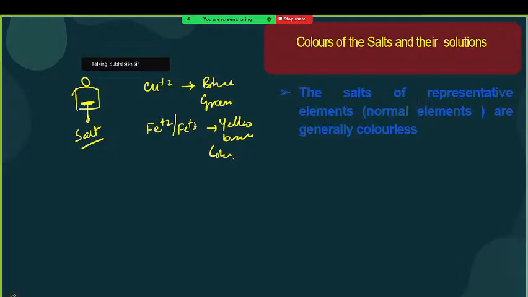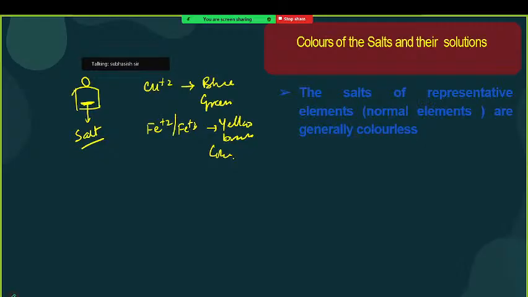Color gives some idea about the nature of the salt, but it is not the confirmatory test. This is simply an idea by which you can think about the nature of the salt. Again, the color of the salt is not the confirmation of that particular salt.